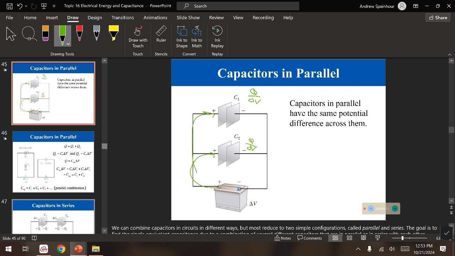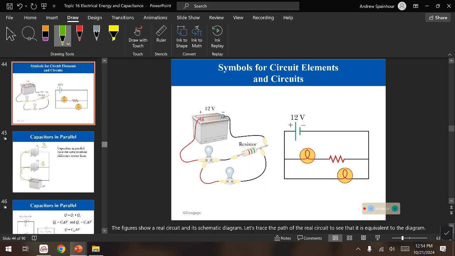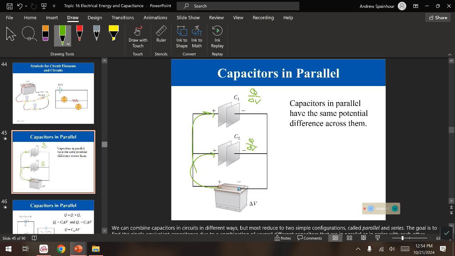I put some Q here, I put some Q up there. What should be true of the heights of both of these hills? They should be the exact same height. Meaning, the voltage on this battery should be the voltage across here and the voltage across here.